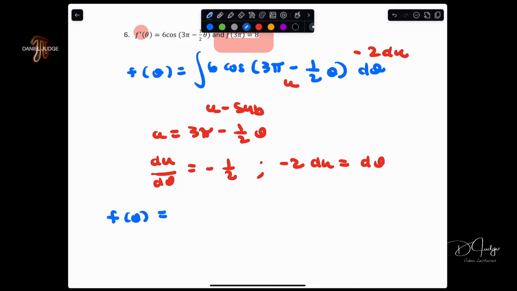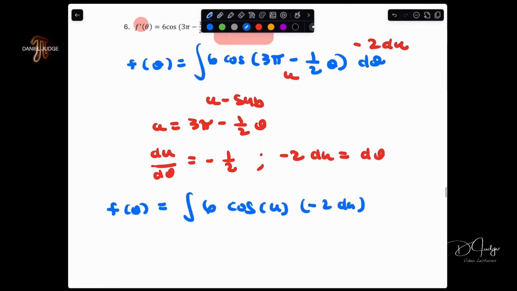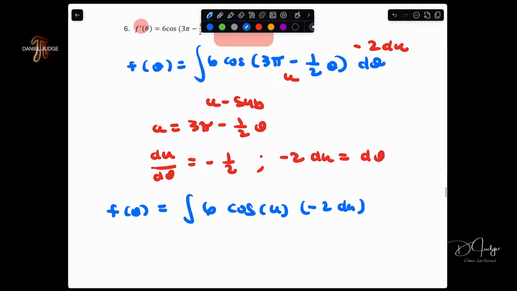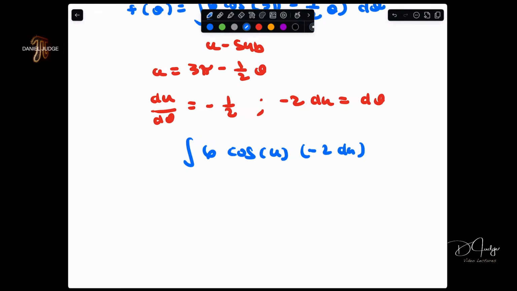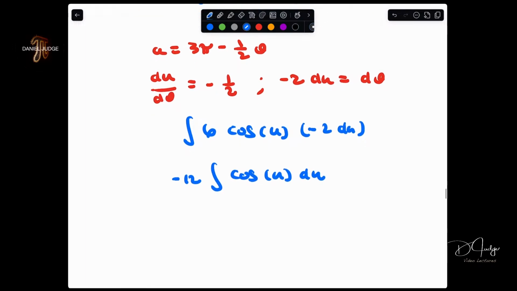F of theta, integral of 6 cosine u times a negative 2 du. Right? So I'm just going to integrate this. Okay, so we get negative 12 cosine u du. Now we need the antiderivative of cosine. And that's just sine.